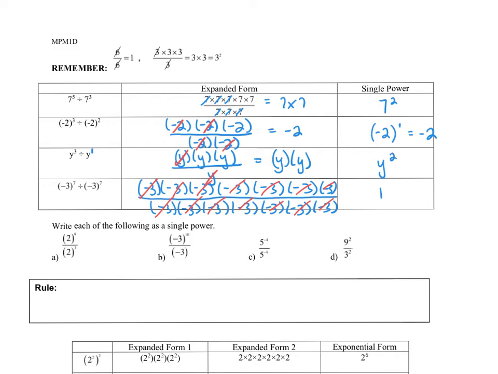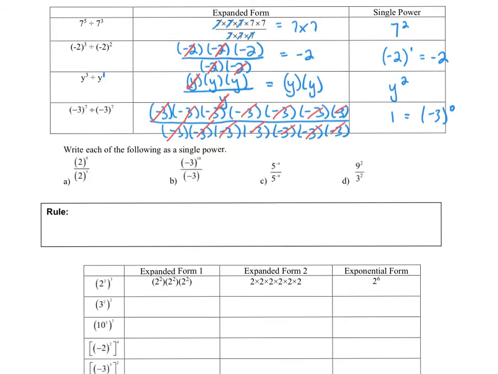This last example is a little tricky to see the rule because we ended up with an answer of 1. But if you take the exponents and you subtract them, you actually get the base -3 to the exponent 0. So any base to the exponent of 0 actually evaluates to 1, and it is for this reason. Everything in the numerator and the denominator cross off, leaving 1.